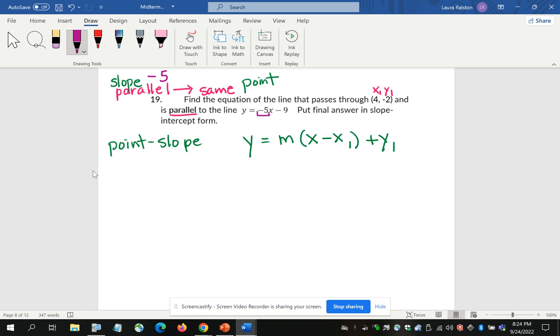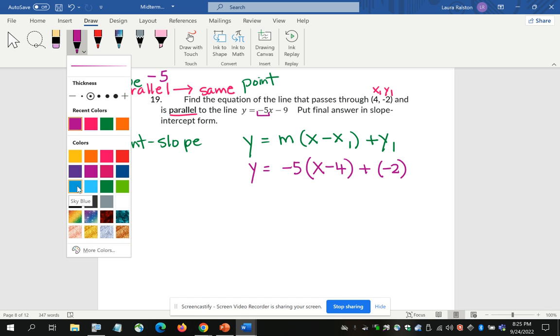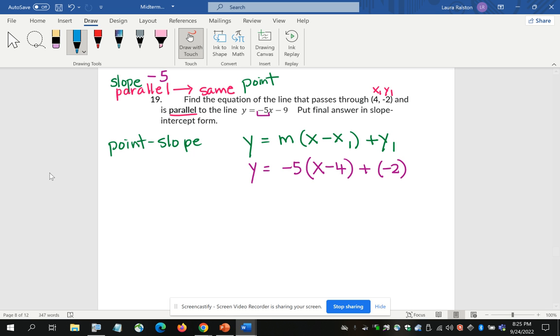And then it becomes a substitution problem. I have y equals -5 times (x minus 4) plus -2. But I need that to be in slope-intercept form, which ultimately is y equals mx plus b. So I'm going to distribute the -5.